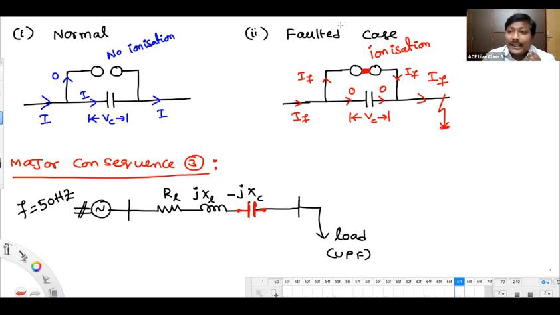See, simply, whenever the supply frequency equals the resonant frequency or natural frequency of the circuit, at that time we are going to get resonance. Yes or no? But your resonant frequency is very low and your supply frequency is 50 Hz.